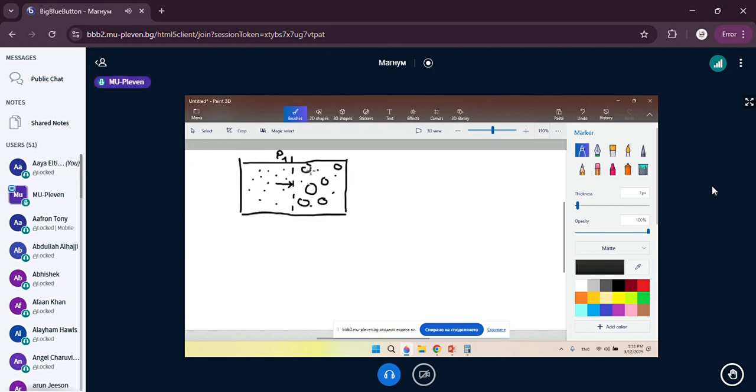So, let us focus now on the right compartment. We've got here, again, solvent molecules. They are also in constant motion. They also collide with each other.